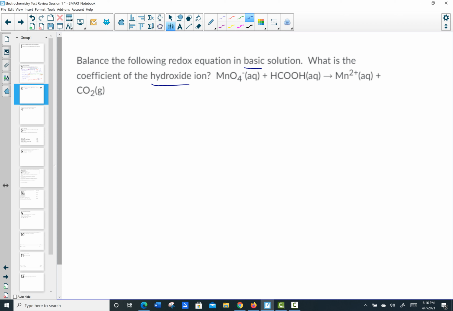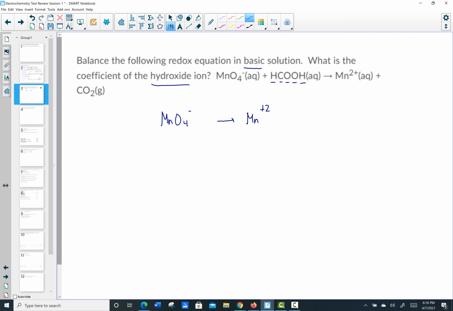So here's our equation. MnO4, which is a -1 charge, is changing into Mn plus 2, very similar to the last slide we looked at. The next one I have is HCOOH. And you know, friends, I think it's often much easier to just combine like elements to make counting easier.